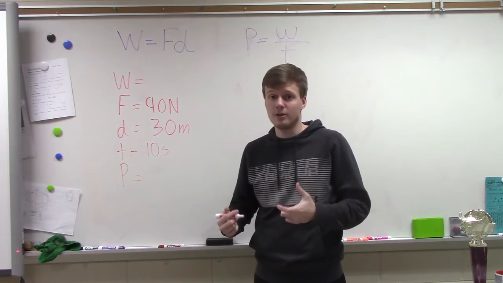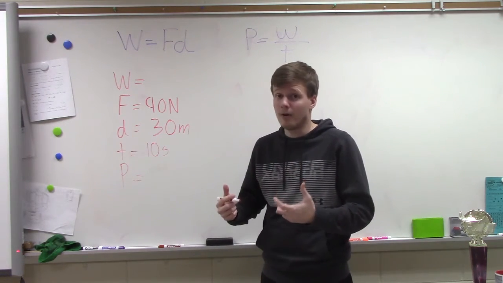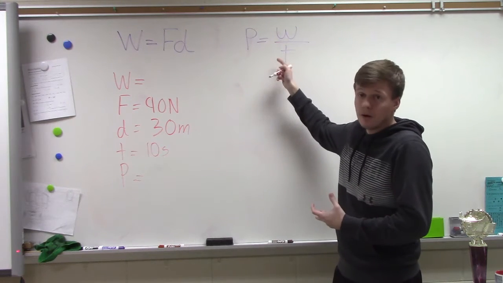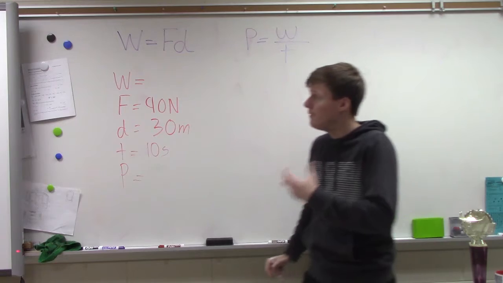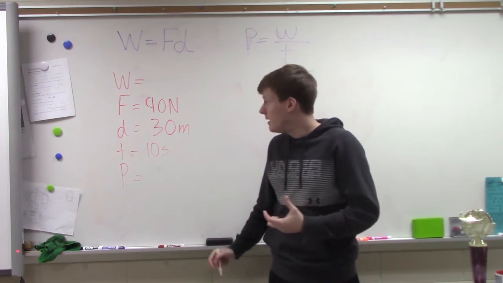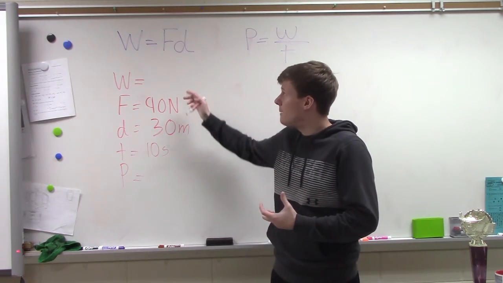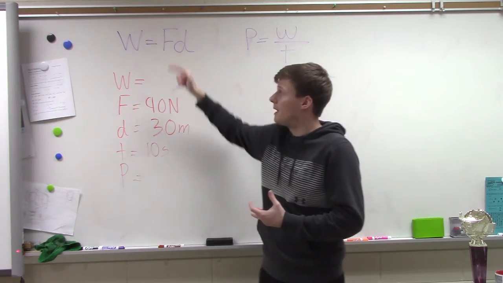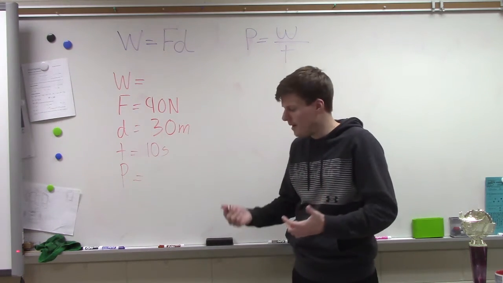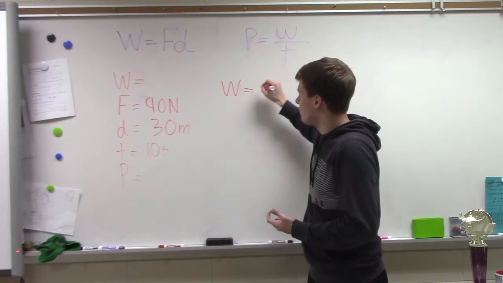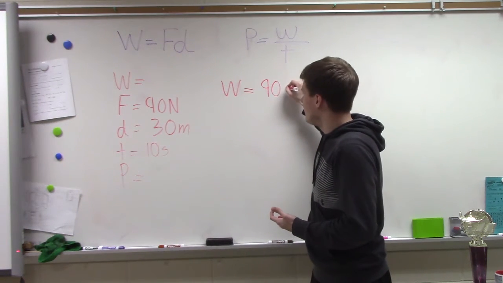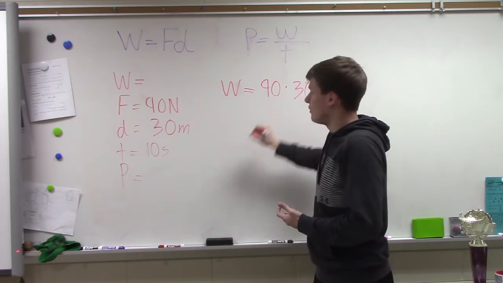That's our final answer. But to find power, we have to know work, because power is calculated by the work divided by time. So the very first thing we have to do is figure out work. In this problem, we can easily do that because we know that work is force multiplied by distance, because we have the formula for that. So we will plug our variables into that, and we will get that W, or work, equals a force of 90 times 30 as our distance.